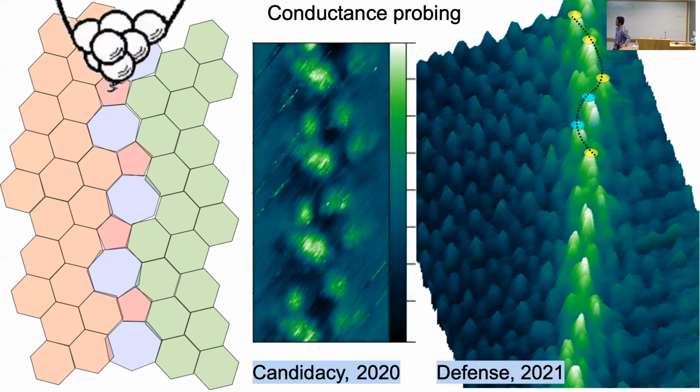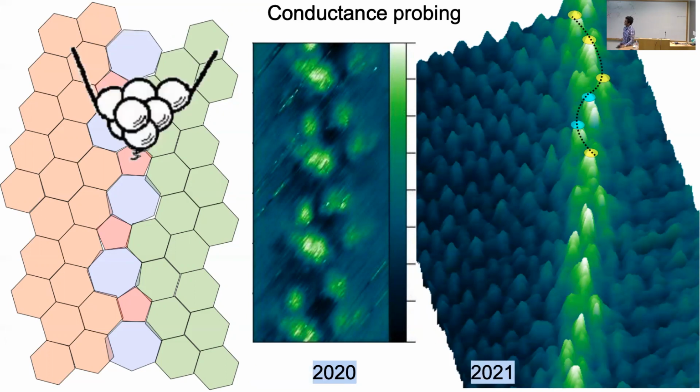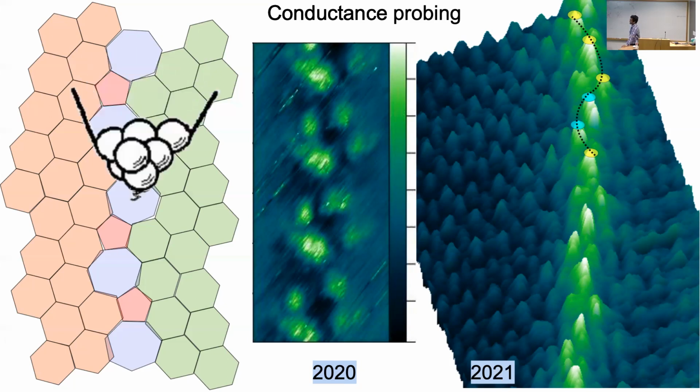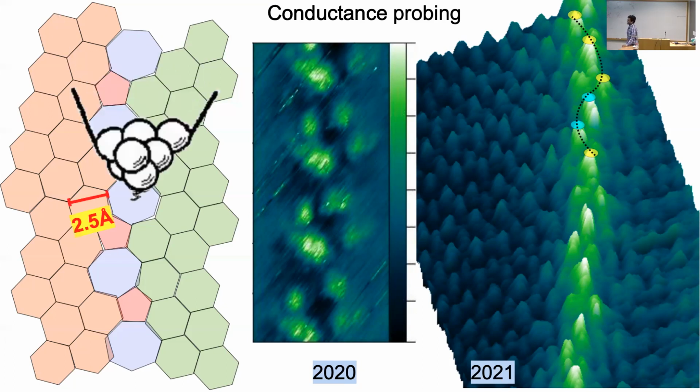And so I also made many other bold claims, like I'm going to take a tip and put it on a pentagon and a heptagon, and I'm going to measure the conductance at all of these tiny regions, a cheap animation showing that. Now, as easy as it looks, it is not, because for conductance measurements, you're taking a tip and stopping over that region, sweeping the bias voltage.